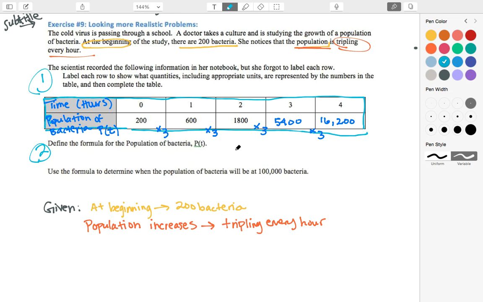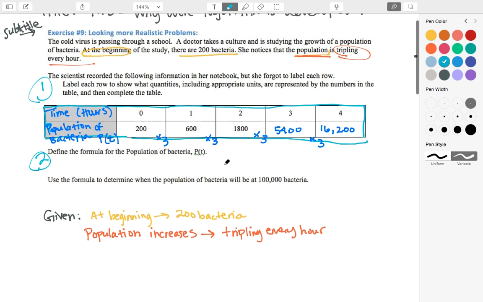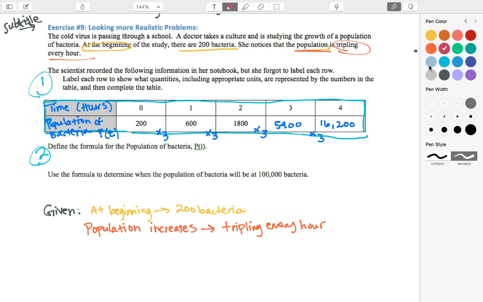So if you remember way back when, we talked about how to create an exponential. And I said here you normally have a times b to the x is equal to y, or a function.